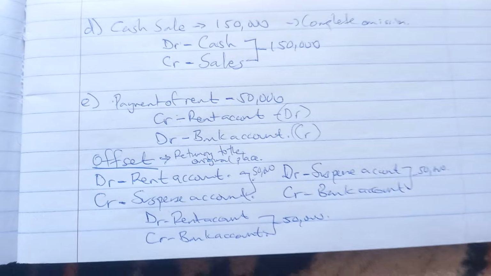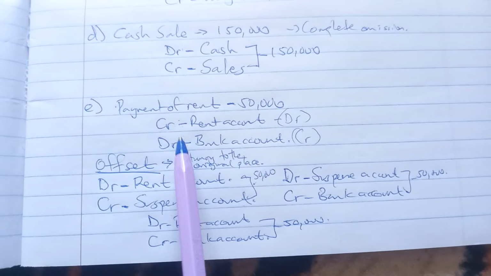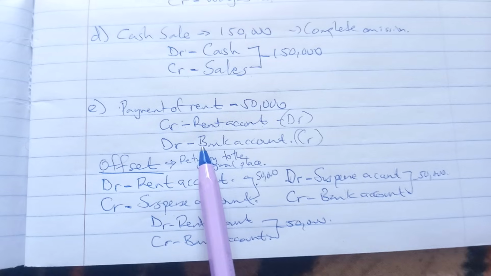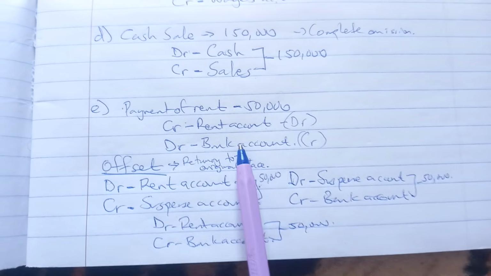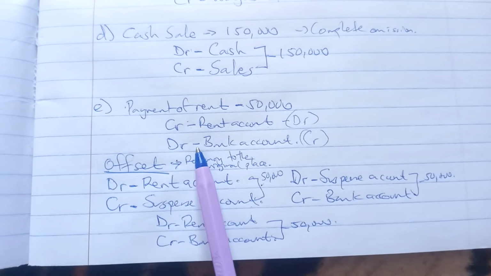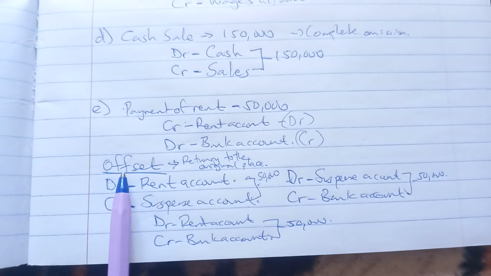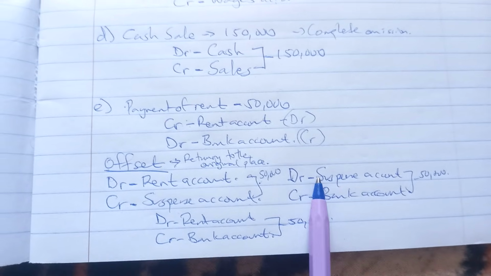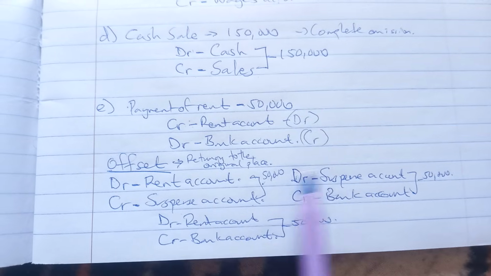Okay, so in a transaction whereby they have treated the two accounts on the opposite side, know that first of all you will need to offset the error in the two accounts involving suspense account.